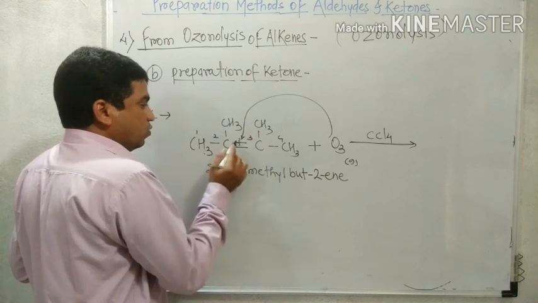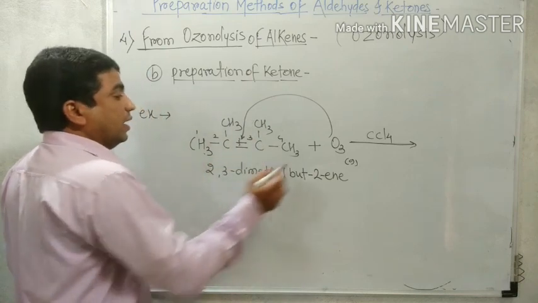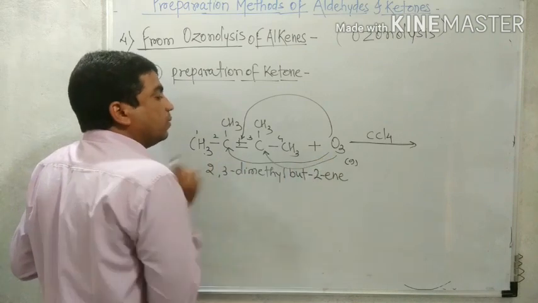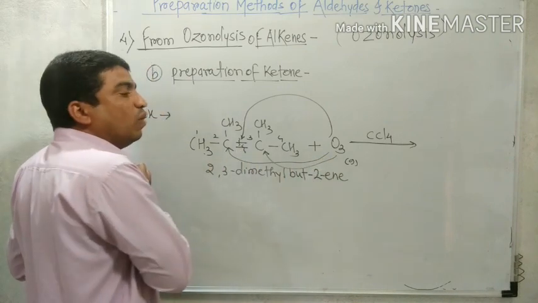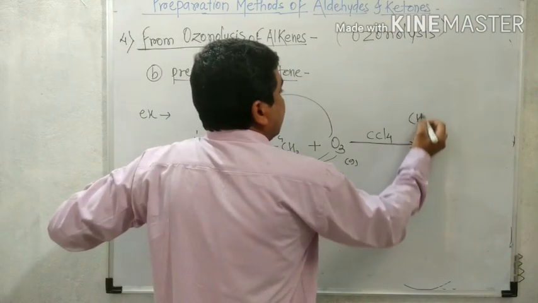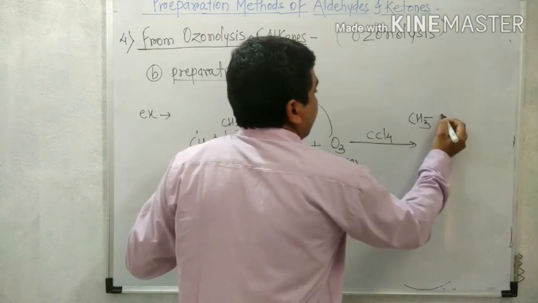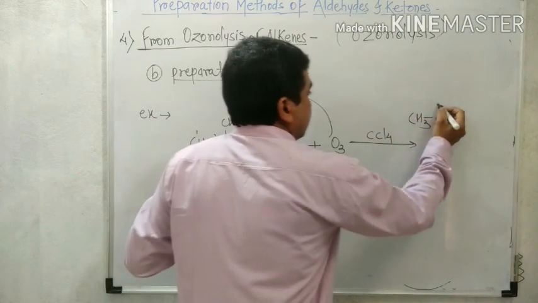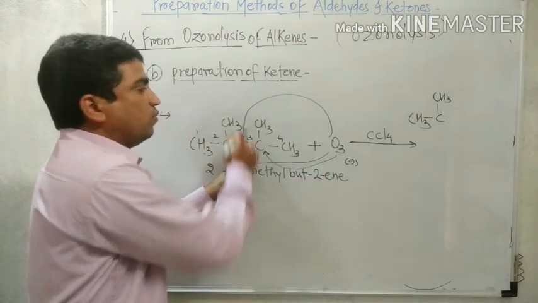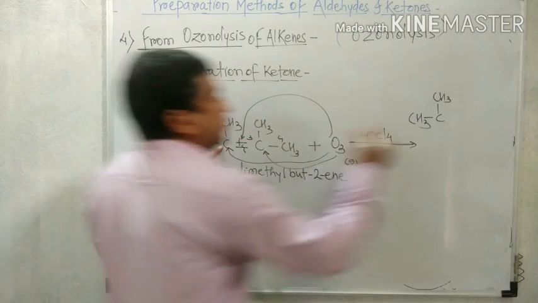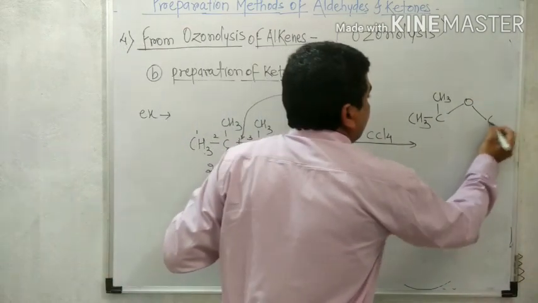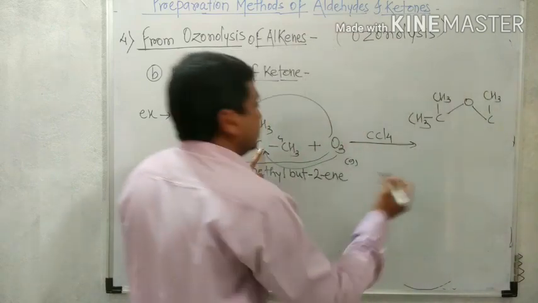There are 2 bonds, one bond undergoes breaking, and of the remaining 2 oxygen, one goes to this carbon, another to this carbon, and again the remaining 1 bond also undergoes breaking. So what we obtain: CH3, single bond C, CH3. Here no double bonds remain. This carbon is attached with oxygen like this.